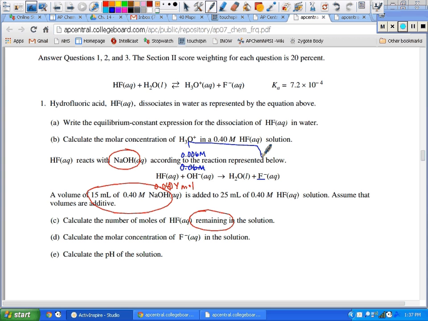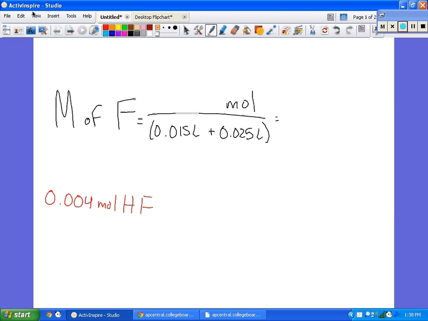The coefficients, mole to mole. Okay? So again, the hardest part is you recognizing that you got to come back to your limiting reactant. So we know that this is our limiting reactant because it ran out first. And so then you go to your mole to mole ratio. All right, so essentially what we need to do is plug in 0.006 moles of F, and then you can do your calculation there, and I'm just going to give you the answer. It's 0.15 molar F minus.